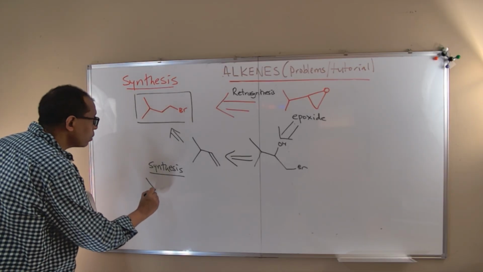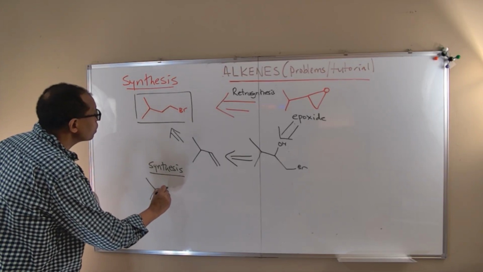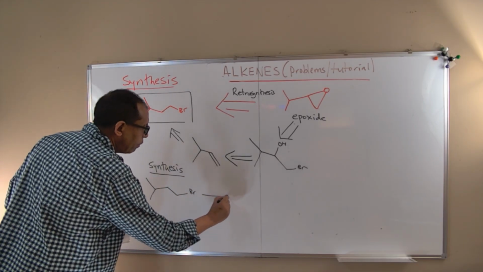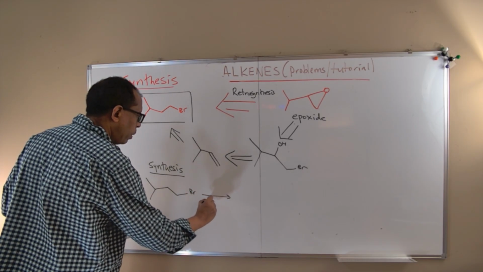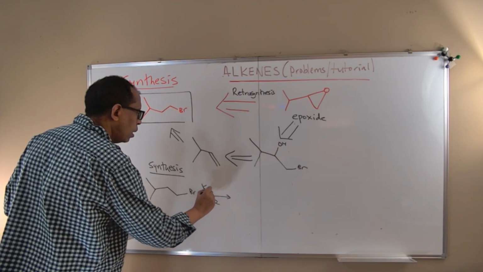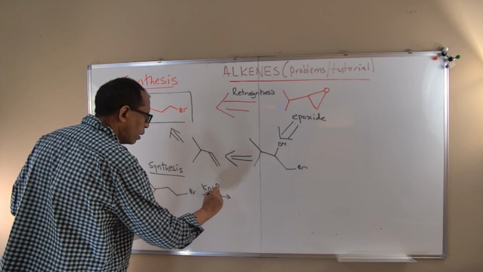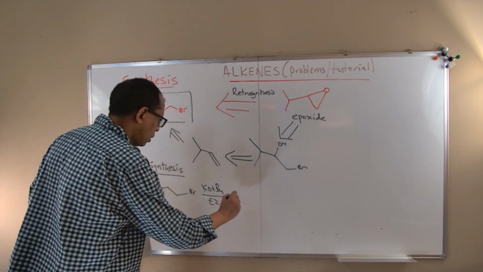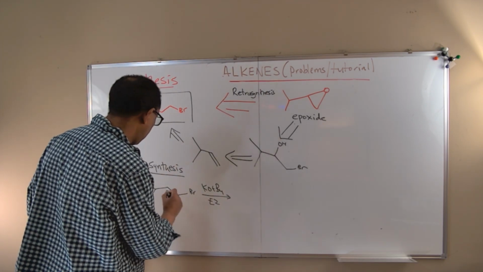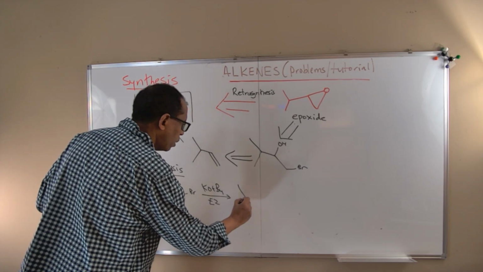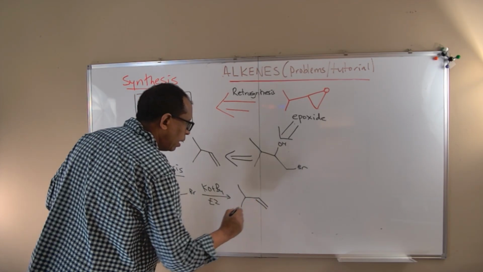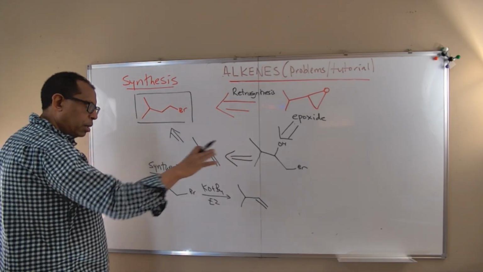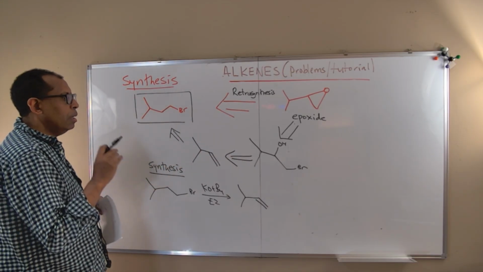So if I do that, I have 2 carbons there, bromine. If I use a very strong base, potassium tertiary butoxide, for example, that would give me this product. That means the elimination would give me this alkene. So I am providing the reagent how to proceed in the synthesis direction.